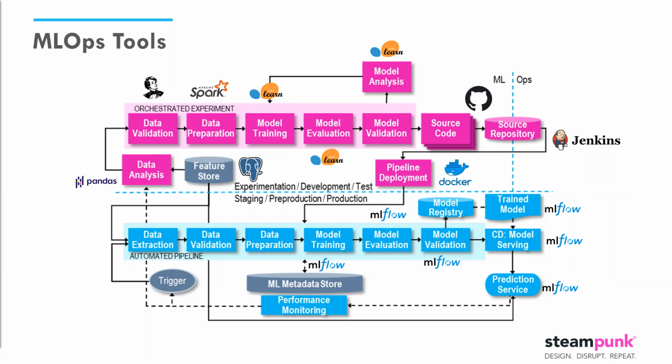Again, MLflow is a library that can be used for many different steps in the automated pipeline. We use workflow orchestrators such as Apache Airflow to organize, orchestrate, and automatically trigger these automated pipelines. And then we can use Apache Kafka for performance monitoring and to identify triggers for when we want to rerun these automated pipelines.